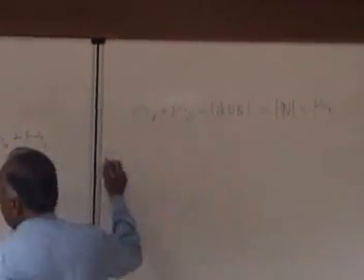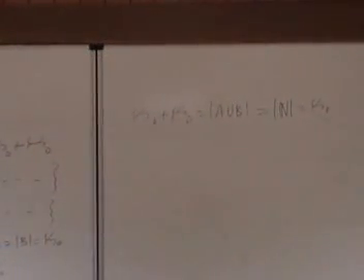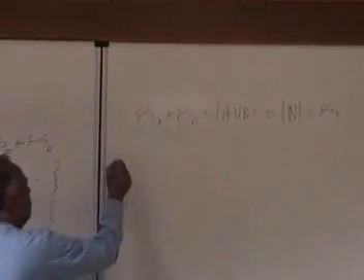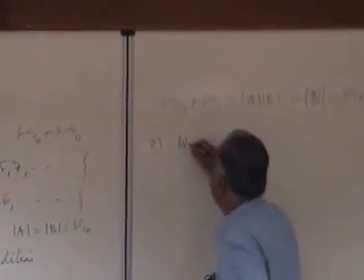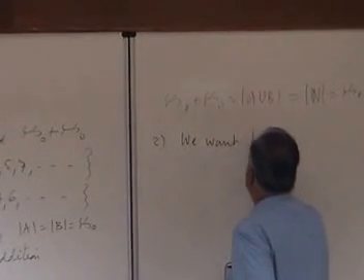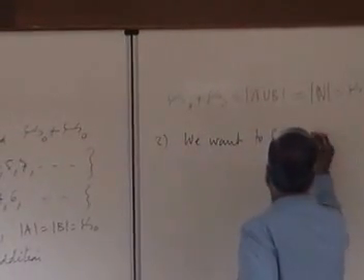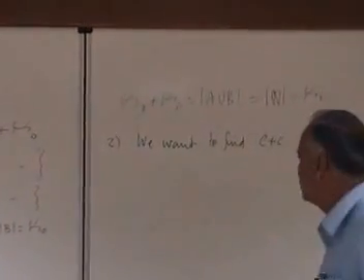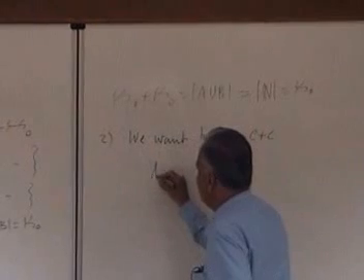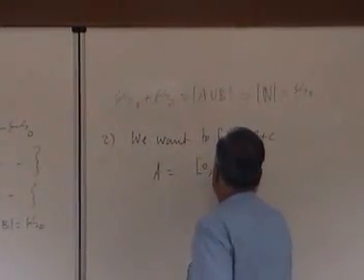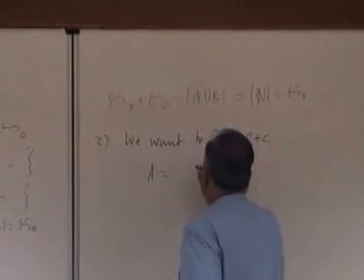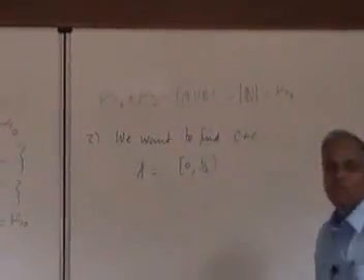Secondly, for example, we want to find C plus C. What is C? The cardinality of the real numbers. Now consider A to be the interval from 0 to half.